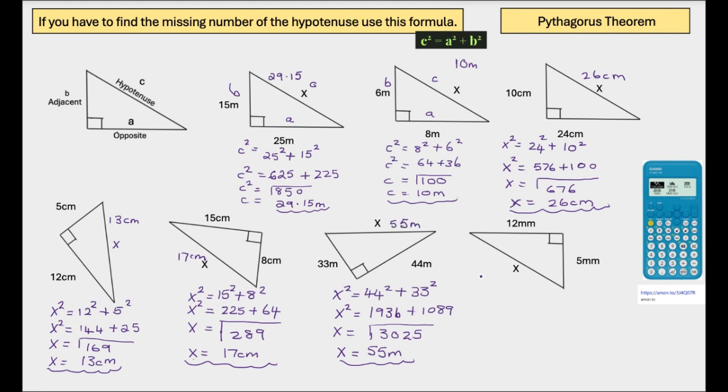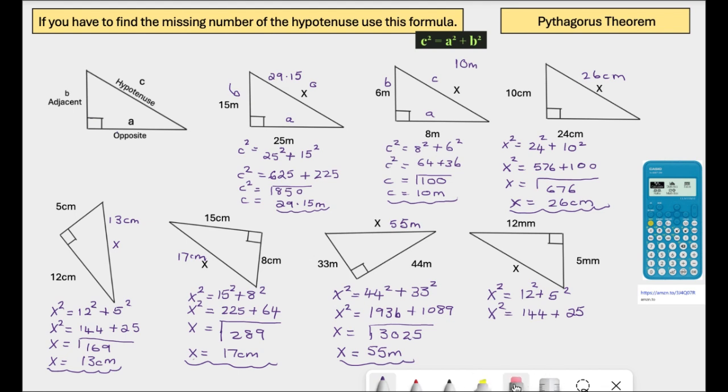And yes, one more. Nice, simple one this is. You'll come across this one. It's 12 squared plus 5 squared. X squared equals 144 plus 25. Do you know what? We've already done this one, haven't we? Tell you what I'll do here.